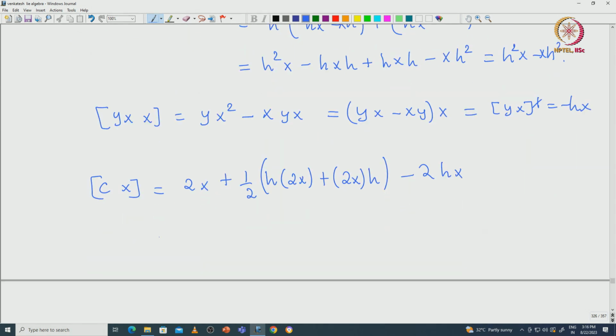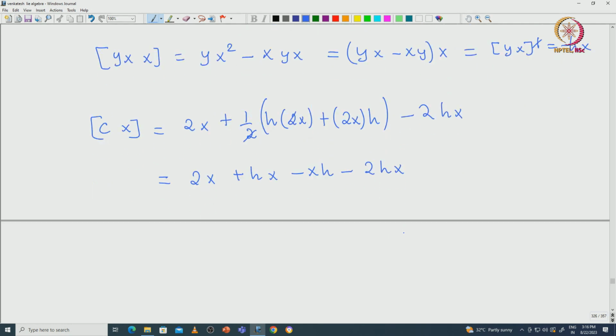Now you just cancel everything and then see what you get. You get 2x, this 2 gets cancelled. So, you get h x minus h y minus 2 h x.